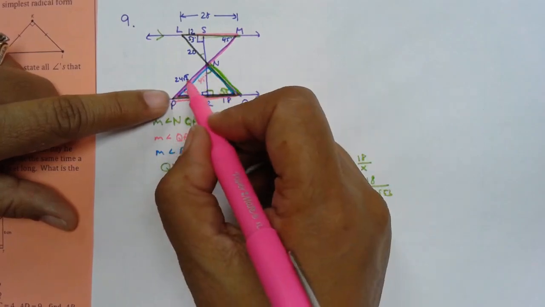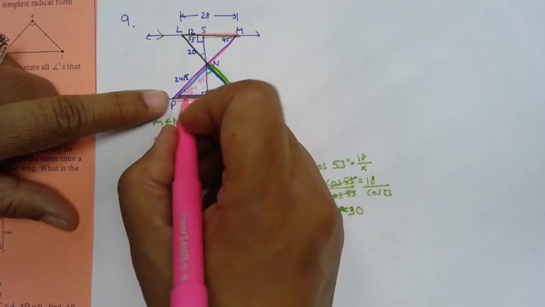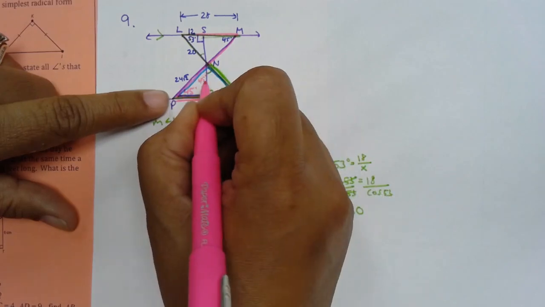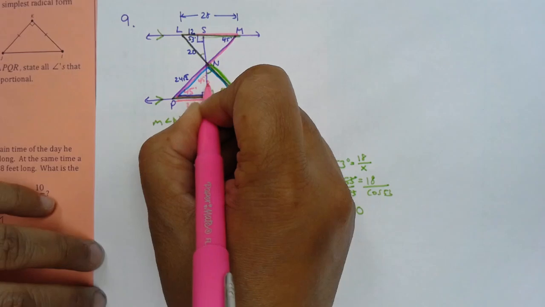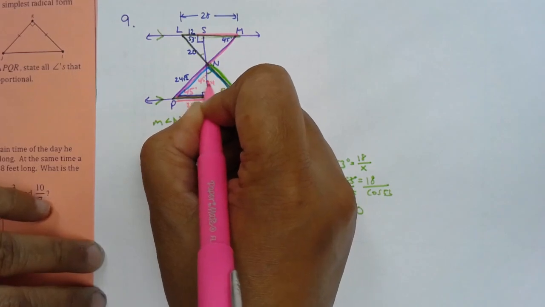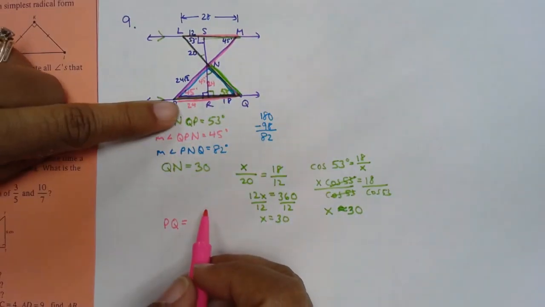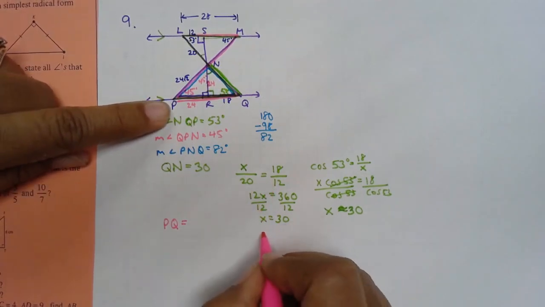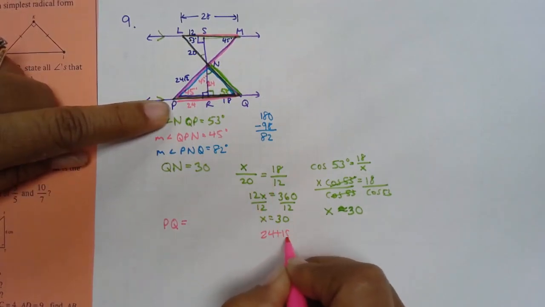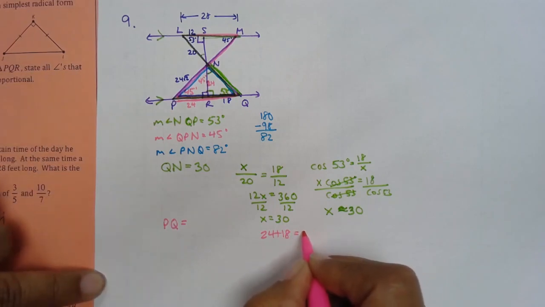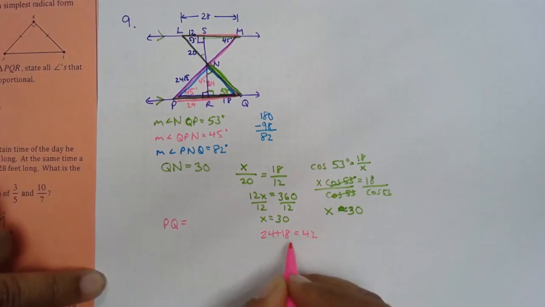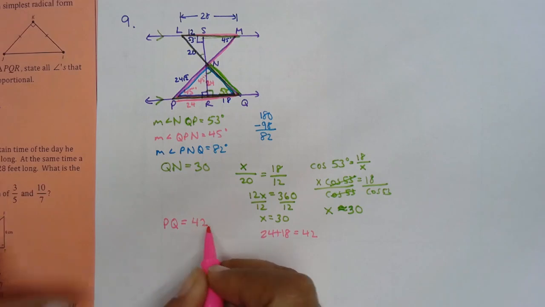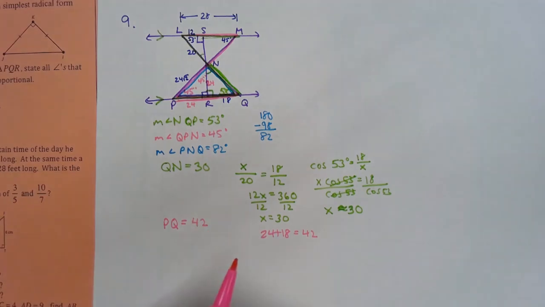And if this is 24 root 2, the side lengths must be 24. And I'll go ahead and write 24 right there as well. So P to Q is 24 plus 18. So 24 plus 18 gets you a total of 42. So 42 is the length from P to Q.